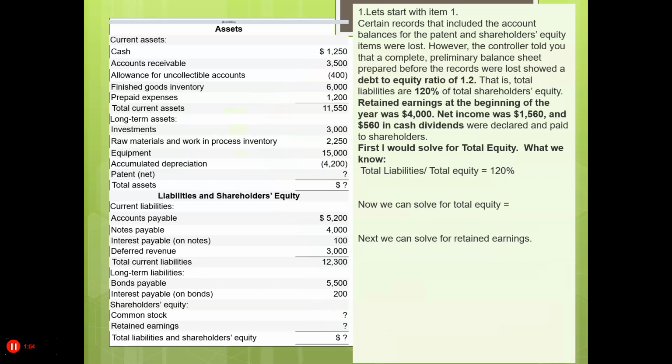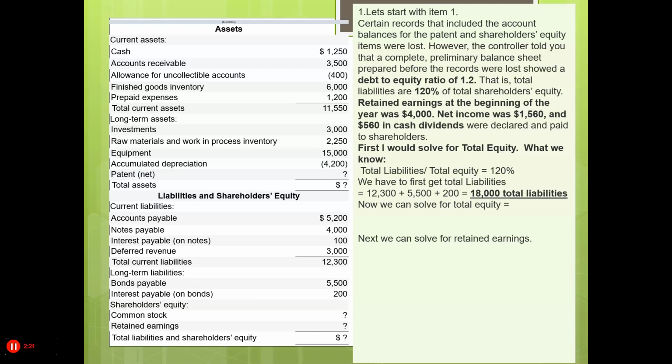Now, the first thing I would solve for is total equity. We know the problem tells us the debt to equity ratio is 1.2. How did they get that? They took the total liabilities and divided by the total equity. So we first figure out our total liabilities.